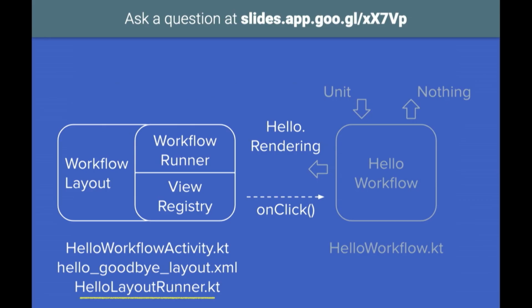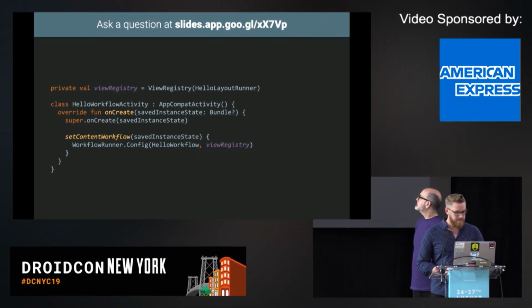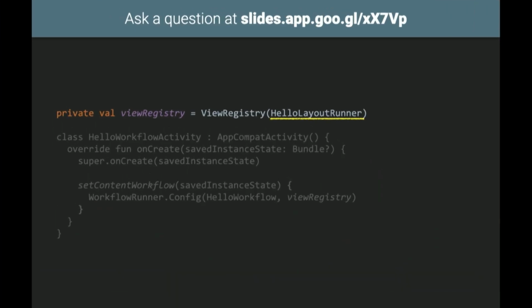But how does this actually all get wired up? We need an activity, because this is an Android app. So this is our activity. This is all the code there is. We're not deleting stuff. It's very simple. So first of all, we take the layout runner that we defined before. If you were watching really closely, you'll notice that we implemented the view binding with a companion object on the layout runner. So we can just refer to hello layout runner directly, and we get the view binding.